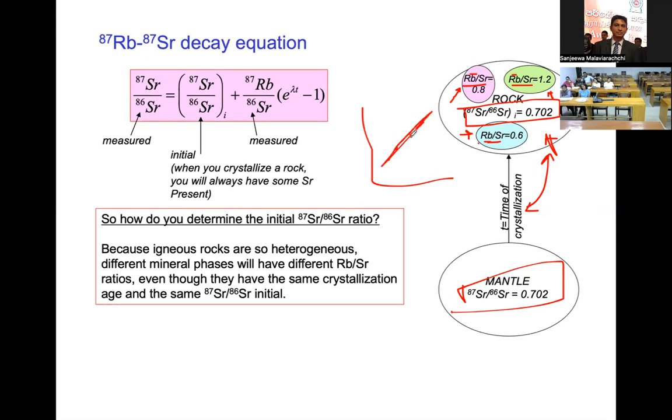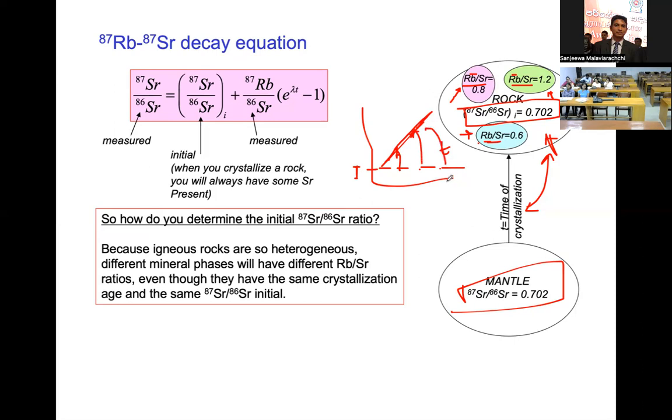That is what we call the isochrone. So this isochrone represents how these minerals were evolving from the same original initial ratio. At the initial time, different rubidium-strontium ratios were there in the rocks at the time of crystallization, and then after time t later, this will go to higher strontium because they have different amounts of rubidium.